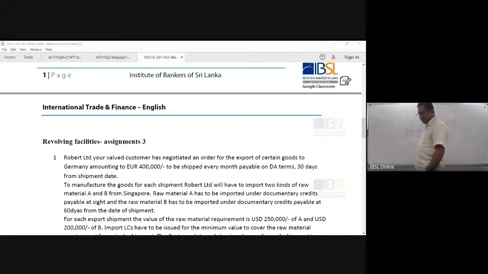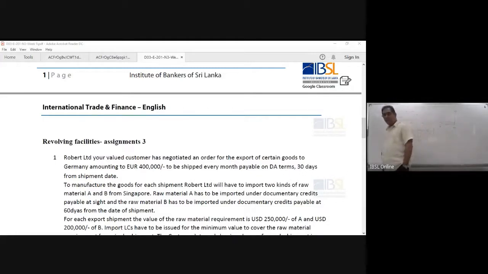Say, documents and goods received one month after the date of shipment. Tenor of the LC is 90 days from the date of shipment.